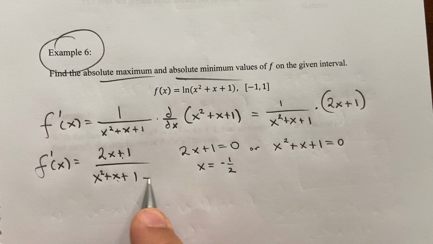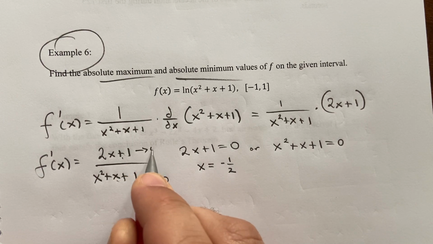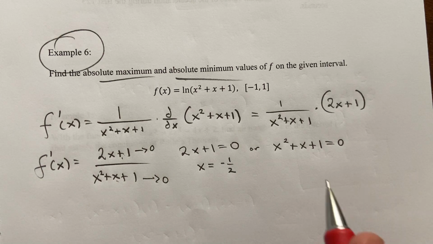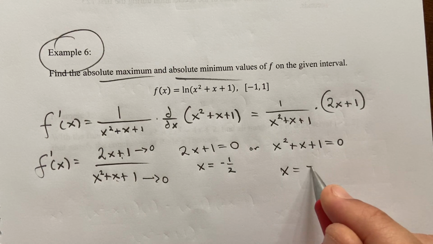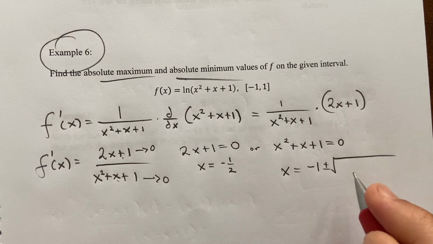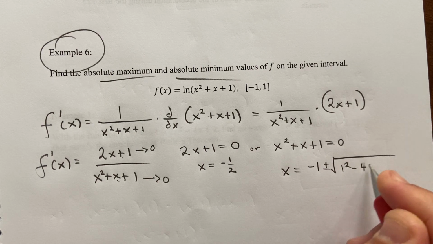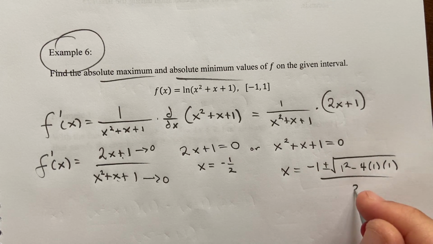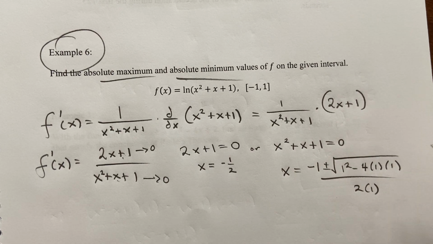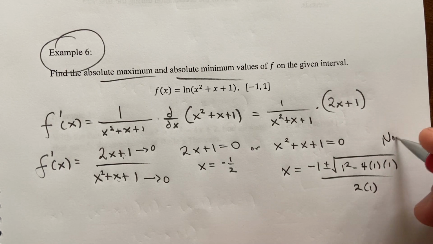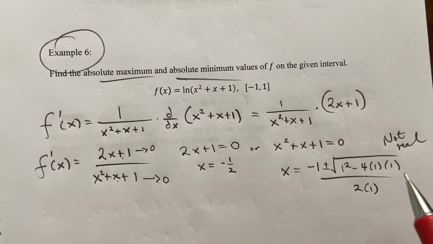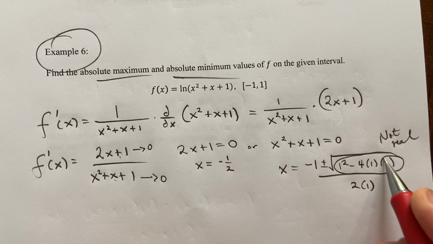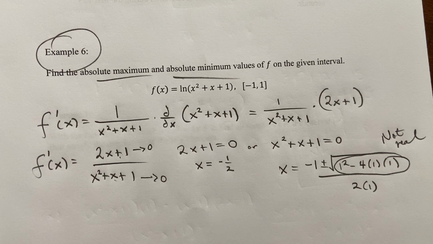Setting this equal to 0, we get x equals opposite of b plus and minus the square root of b squared minus 4ac, the quadratic formula, over 2a. But again, this is not real because of the negative discriminant there. So we are only getting this critical number.